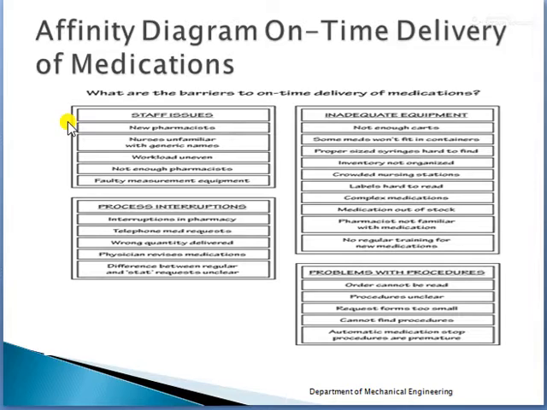The team can now use an interrelationship diagram, for example, or even a cause and effect diagram to get to the root cause of late medication. An affinity diagram also stimulates discussion about a problem or issue, opening up possibilities for improvement or a solution.